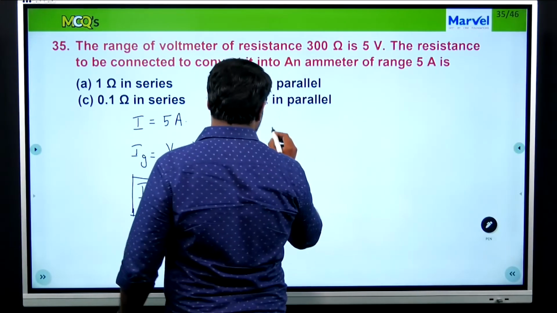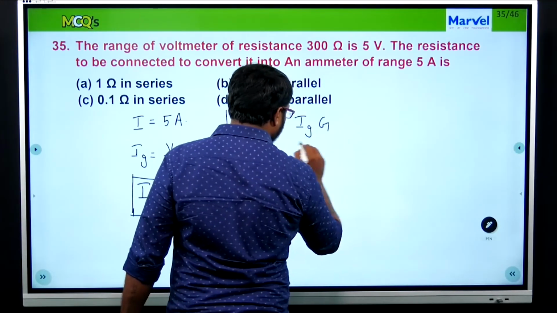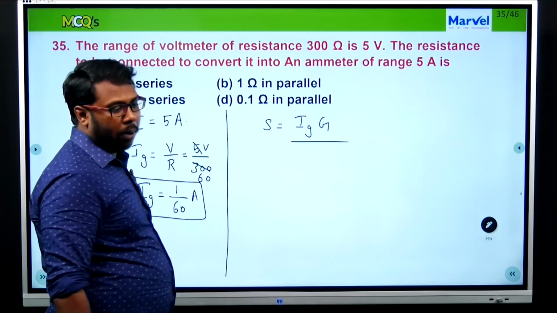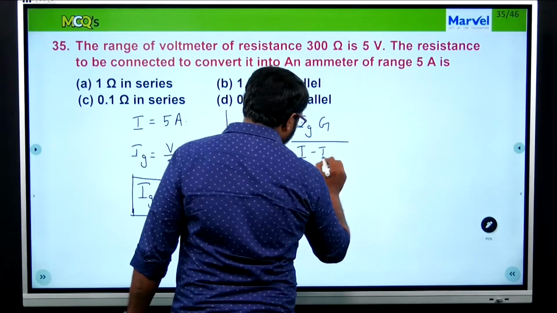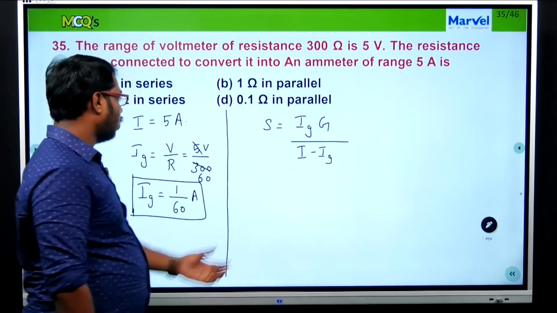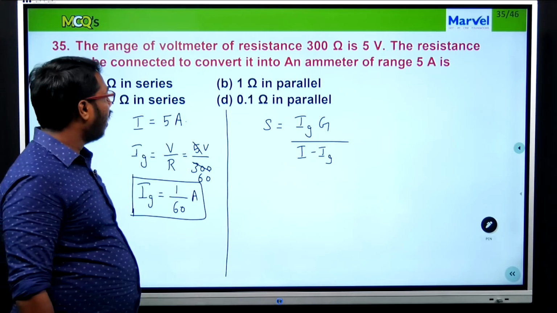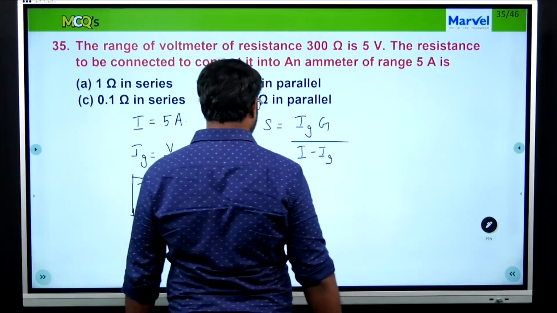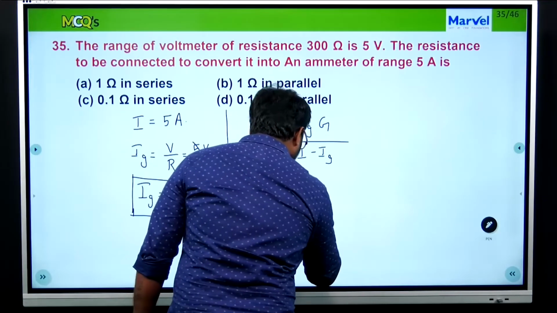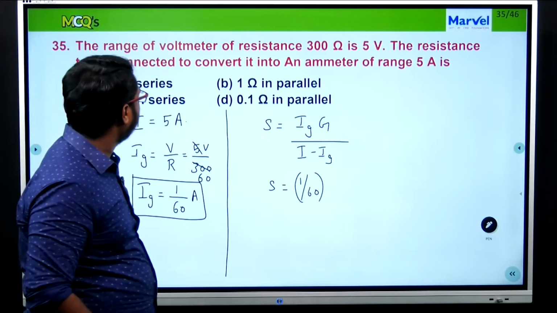See, the shunt S is given as Ig into G divided by capital I minus Ig. This is the amount of shunt that should be connected to convert a galvanometer to an ammeter. So listen, Ig is nothing but 1 by 60. What is the galvanometer resistance?